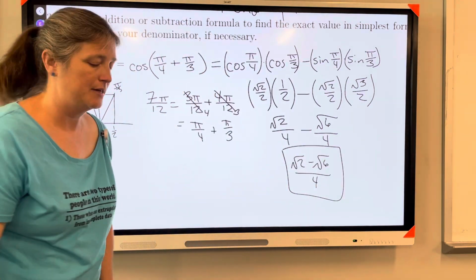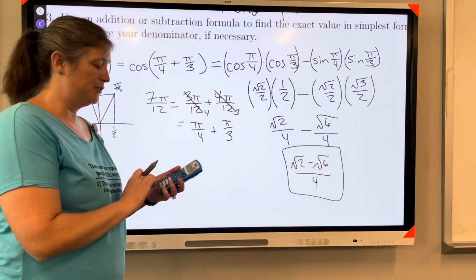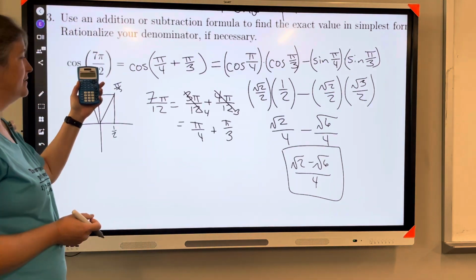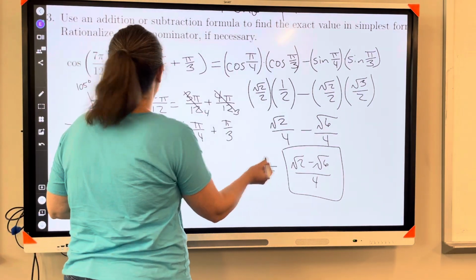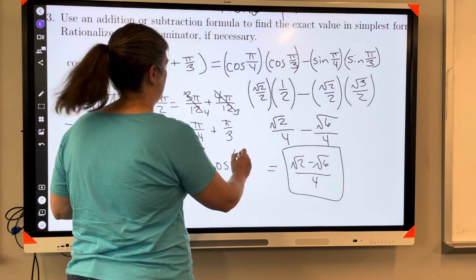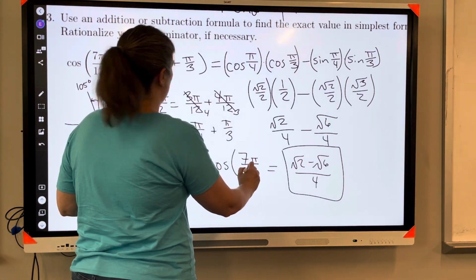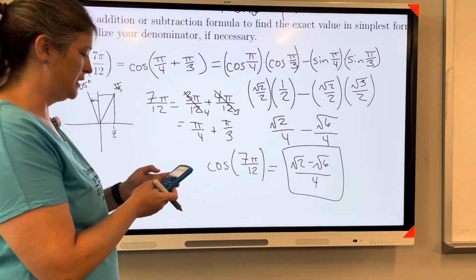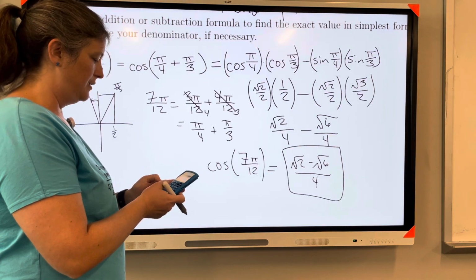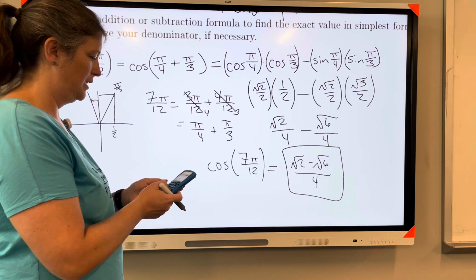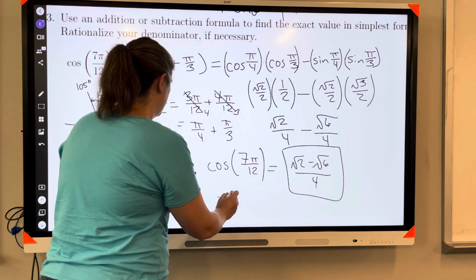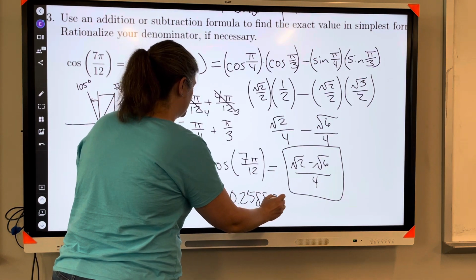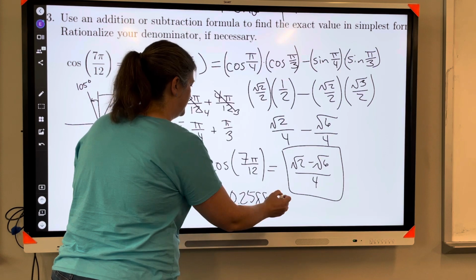That is that number. This one's a lot easier to plug in to check my work, because I know that should equal exactly the cosine of 7 pi over 12. So I'm in radian mode on my calculator, so I'm just going to type it in. Cosine of 7 pi divided by 12 is negative 0.258819-ish, is about, right?